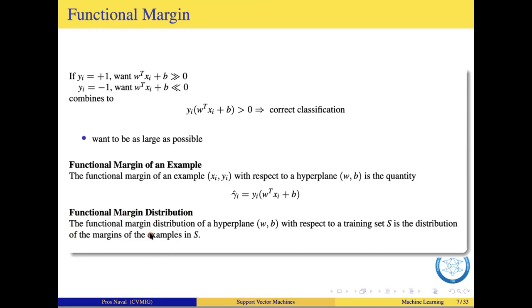The functional margin distribution of a hyperplane with respect to a training set is the distribution of the margins of the examples in S. So what are the values of gamma hat i for all i's? If you have a big N examples, then you have gamma hat 1, gamma hat 2, up to gamma hat big N.